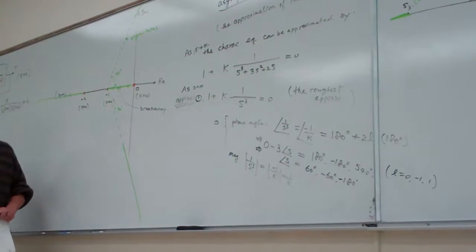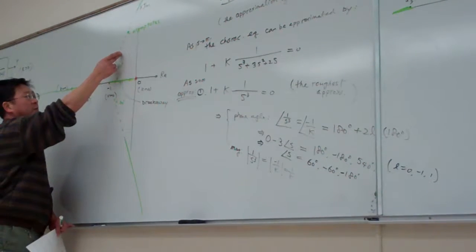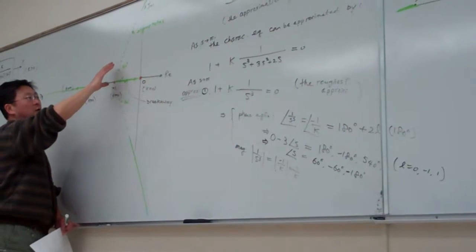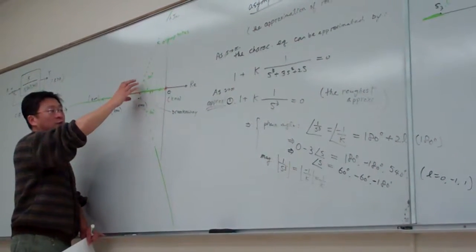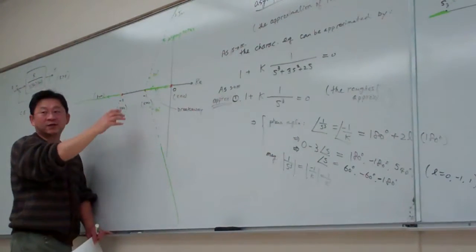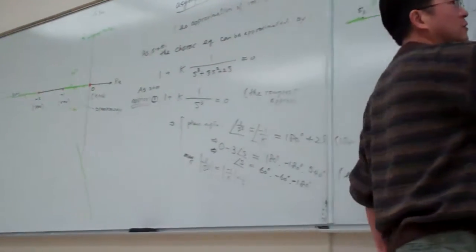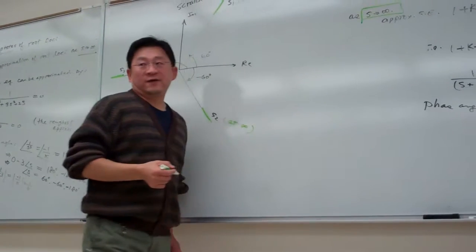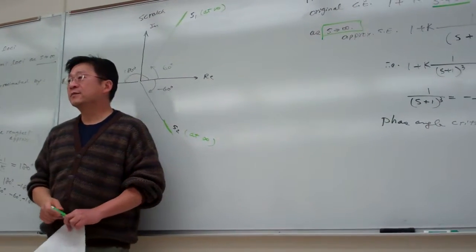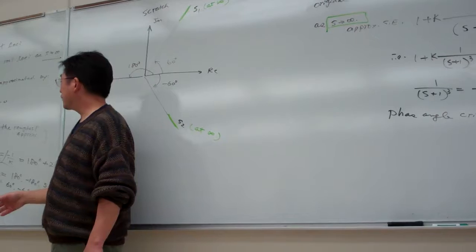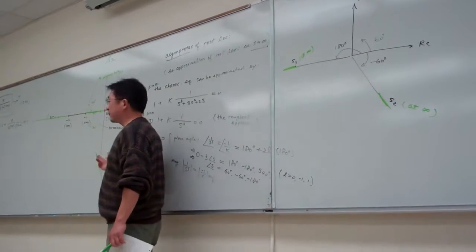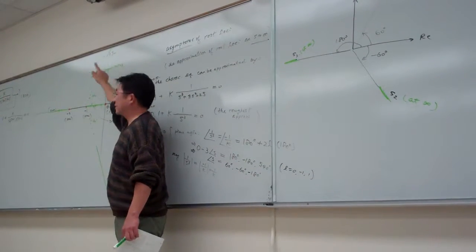The asymptotes shouldn't be used to describe the local behavior, because the asymptotes are good for our analysis only for big values of s, right? So if we zoom out, then we can tell the root loci have 3 branches and the orientation should be like this.